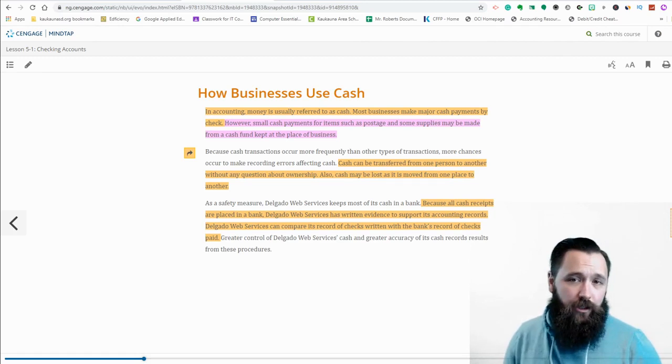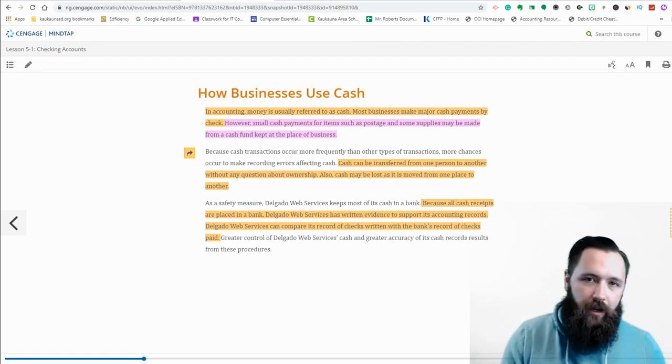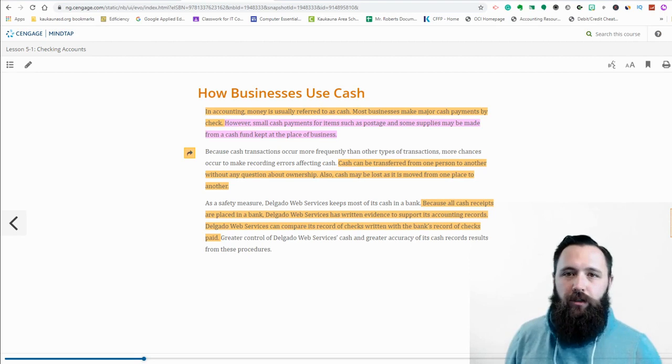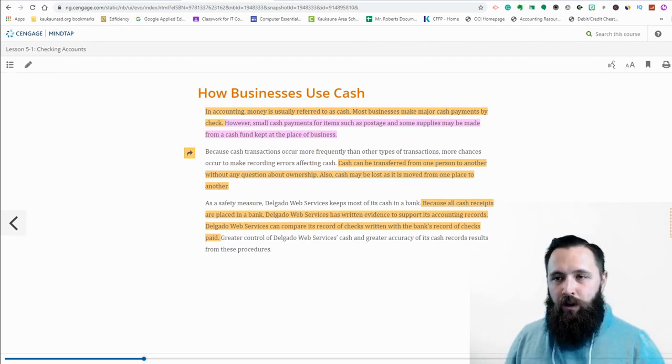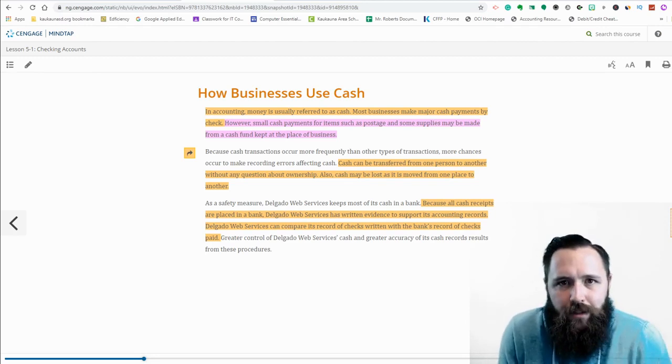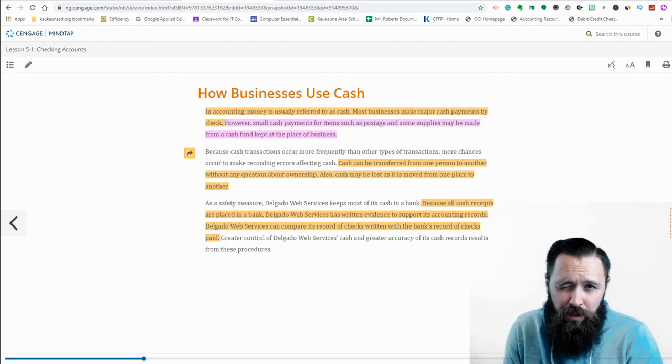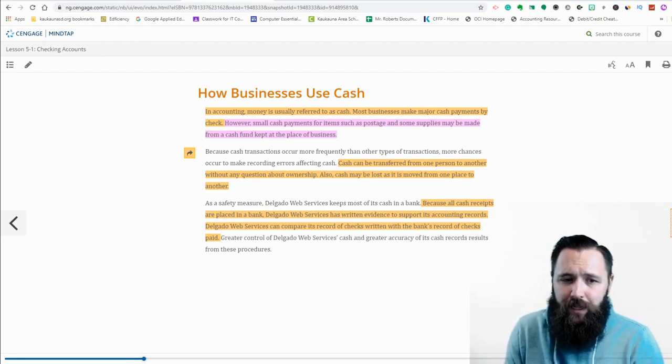Cash can be transferred from one person to the next with literally no questions about ownership. If I took $20 from your pocket today and I walked around with it and went to pay for something later in the day, no one would say, is that $20 yours? Because whoever has it is the person that owns that money. So we can lose a lot of cash for not really protecting it.